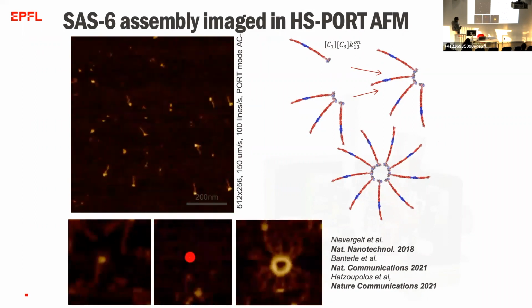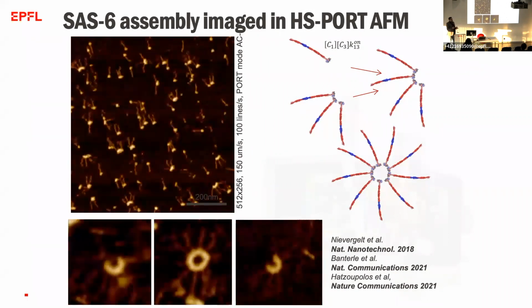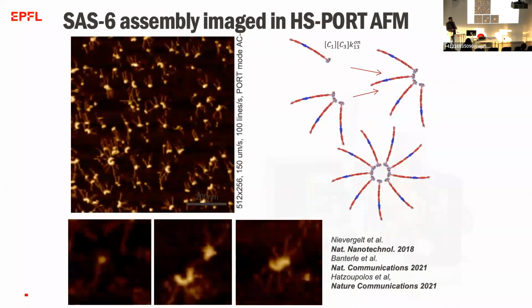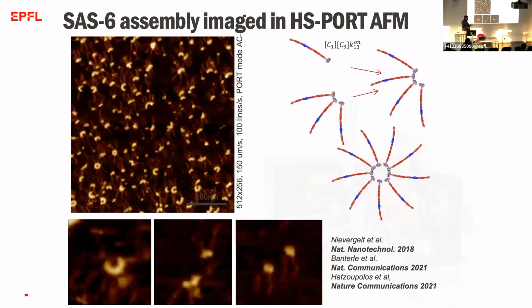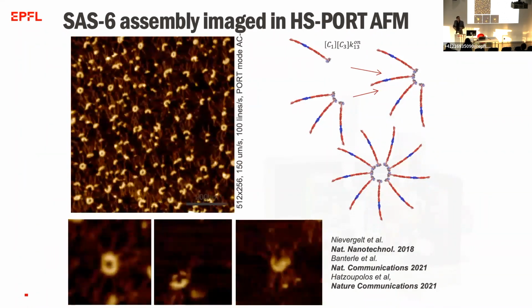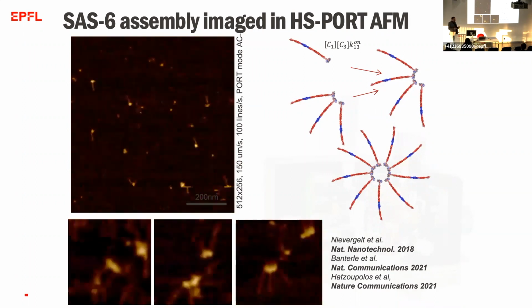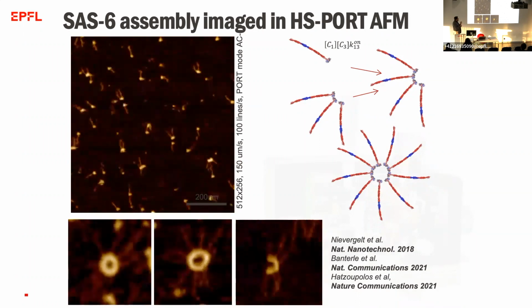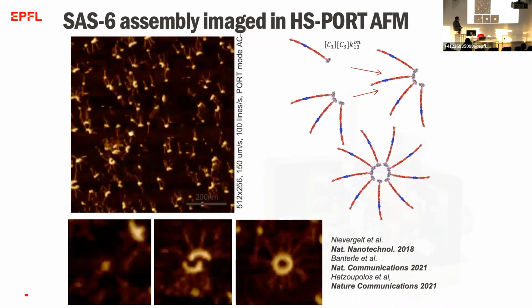And from the fact that now we actually see it happen, we found a whole set of new assembly mechanisms. So this imaging development has now triggered a whole area in Pierre's lab where they're trying to find models and different computational methods to explain why they assemble in this way.